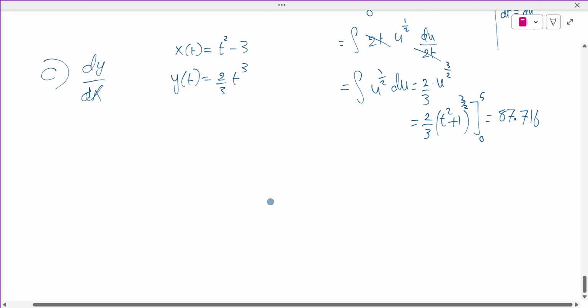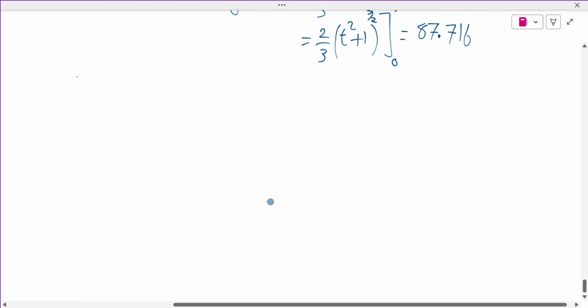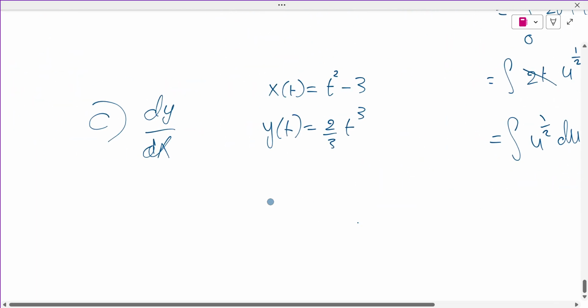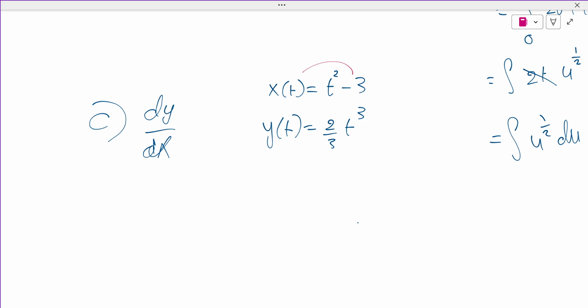So what we can do here, we can isolate t from the first equation. You will get the 3 to the other side. So you will get x plus 3 equals t squared, and if you take the square root, x plus 3 under the square root will be t.